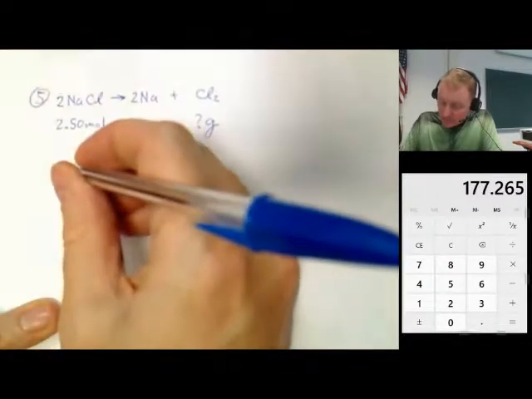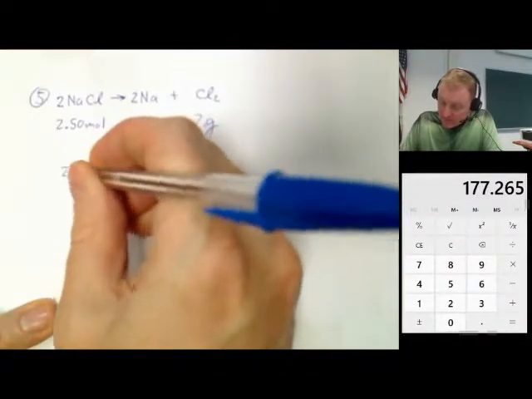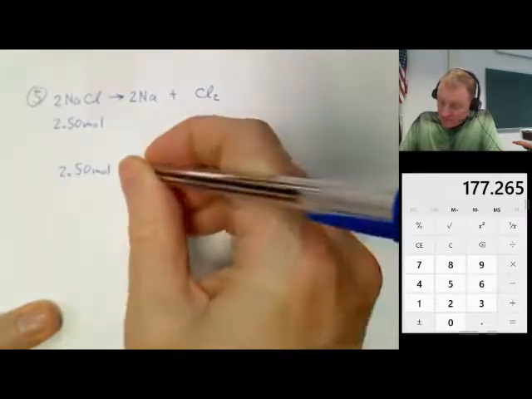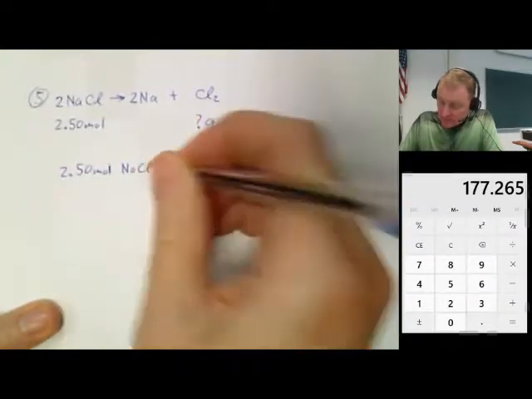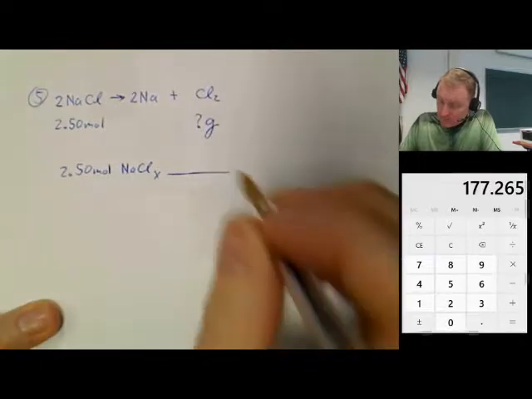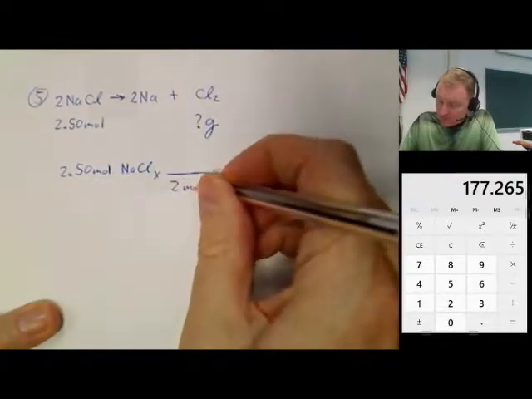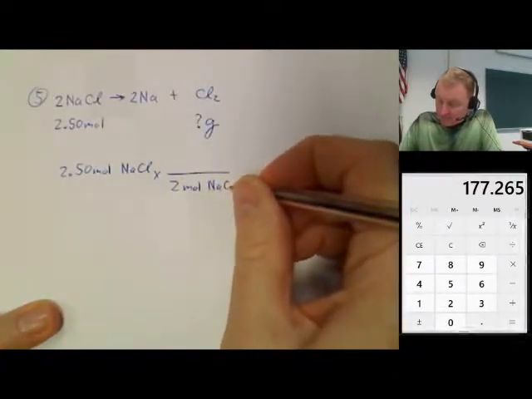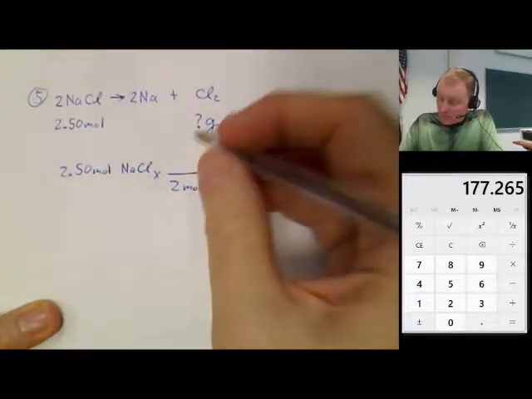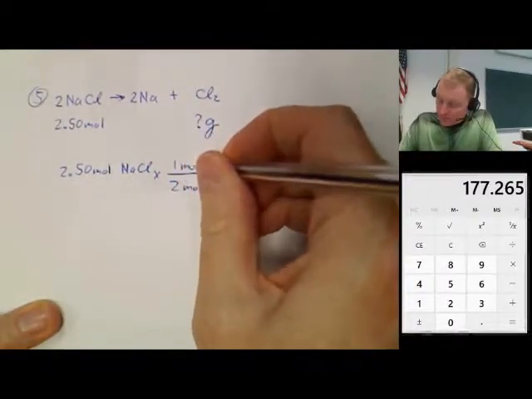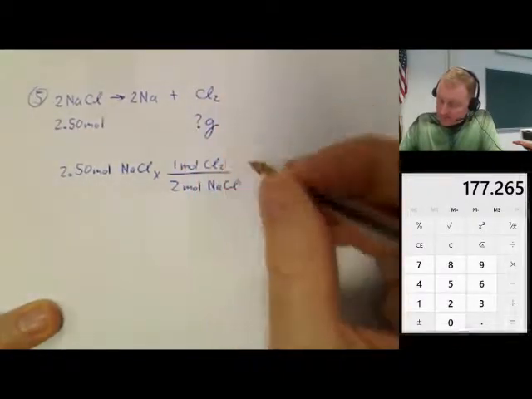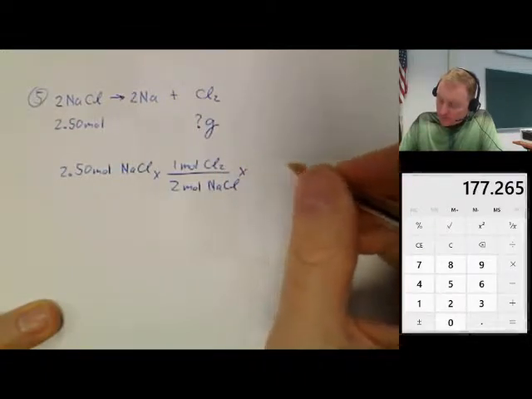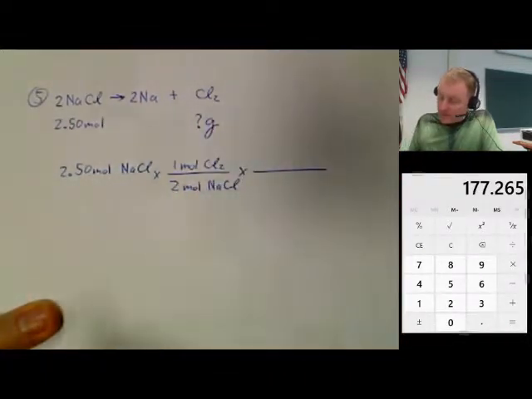So we're going to say 2.50 moles of sodium chloride for every 2 moles of sodium chloride, we have 1 mole of chlorine. But I want it to be in grams of chlorine, so let's just go this one step again.